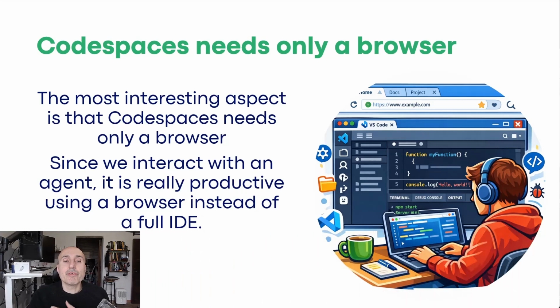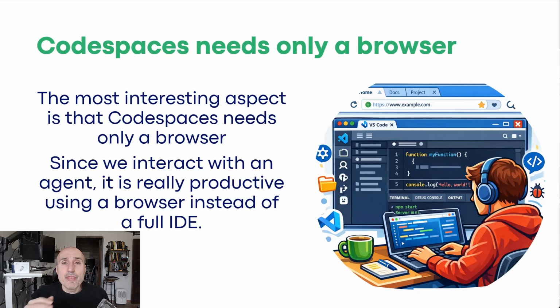And clearly the most interesting aspect is that Codespaces only requires a browser, because you can open your browser, go to GitHub, open your Codespaces, and an instance of Visual Studio Code will fire up in your browser.